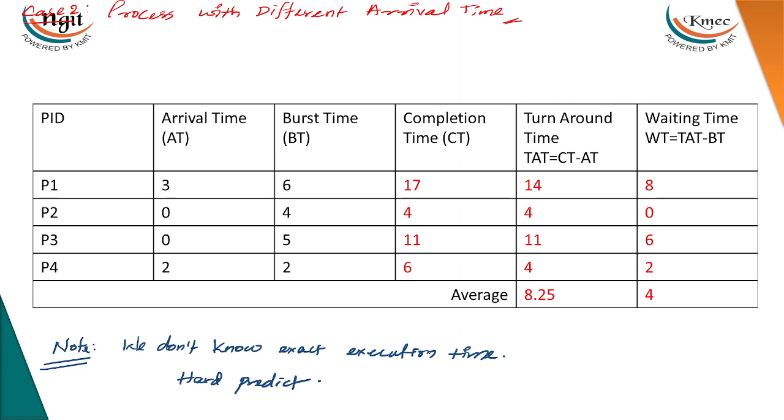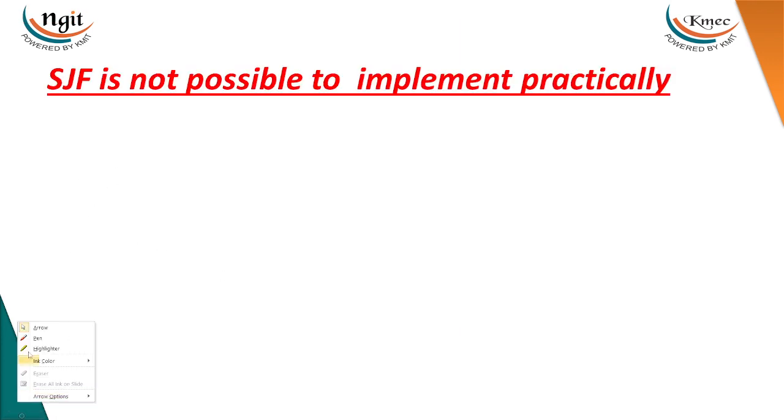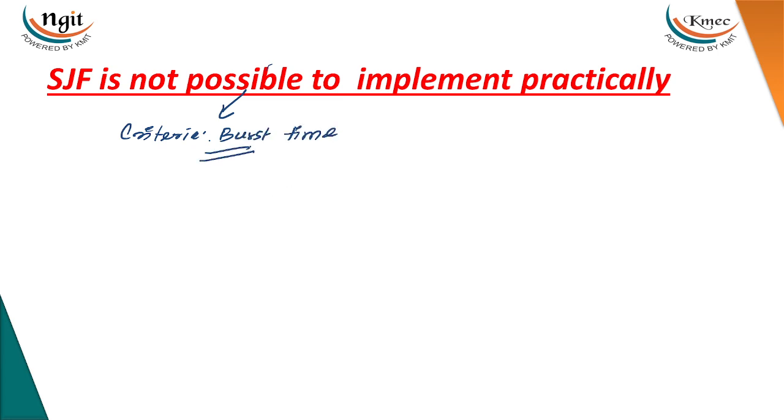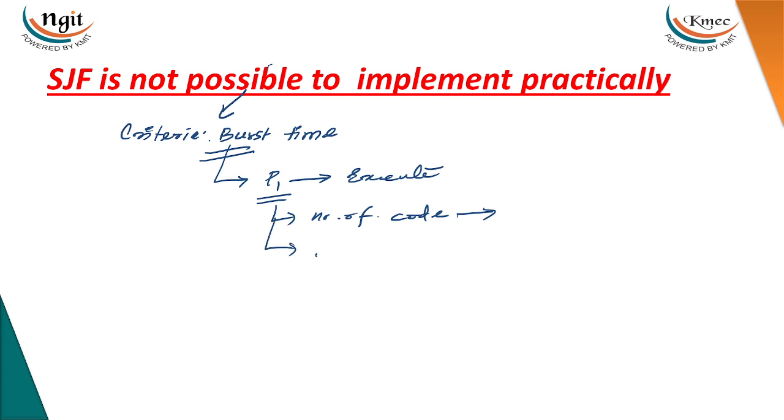The statement I want to make is that SJF is not possible to implement, because its criterion is burst time, that is the execution time of a process. We cannot predict how much time a process will execute. By looking at the number of lines of code or the size of the program, we cannot determine how long it will execute.